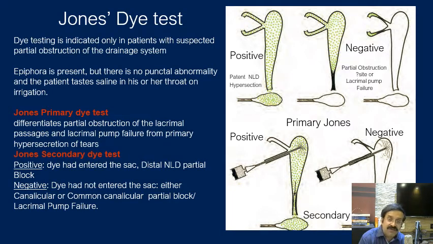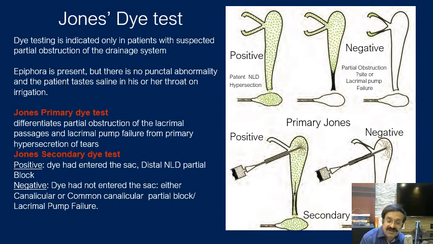Now you have a primary Jones test, and you also have a secondary Jones test. What is this primary Jones test? Here it differentiates between a partial obstruction of the lacrimal passages and lacrimal pump failure from primary hypersecretion of tears. If you see the picture, on the left side you have a positive Jones test.